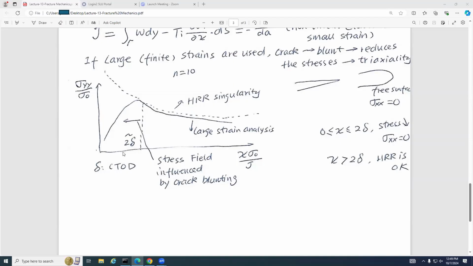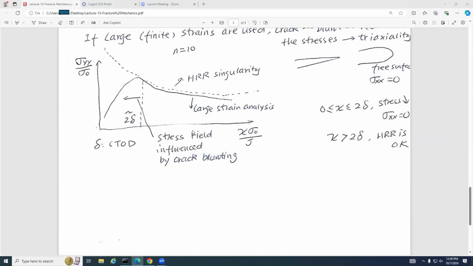When x is greater than 2 delta, HRR is okay. You can see that when x, the distance from the point of interest to the crack tip, is greater than 2 delta, we can use HRR.